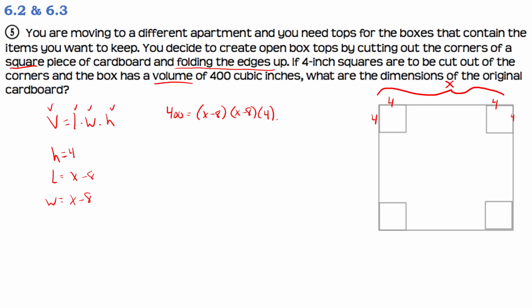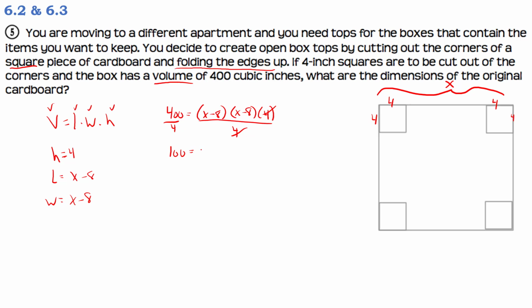So now when we multiply this out, let's go ahead and divide by 4 first. Let's get rid of that 4, so we don't have to mess with that. So let's divide by 4 on both sides. So the 4's will go away over here, and 400 divided by 4, of course, is 100.